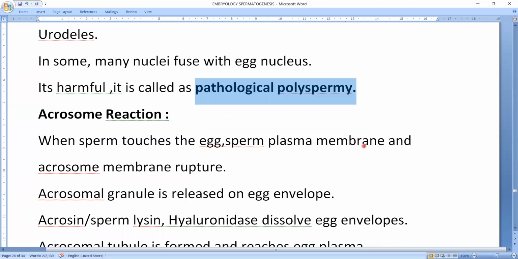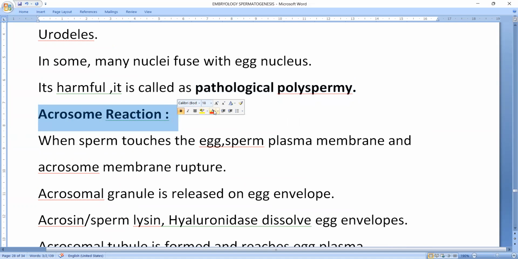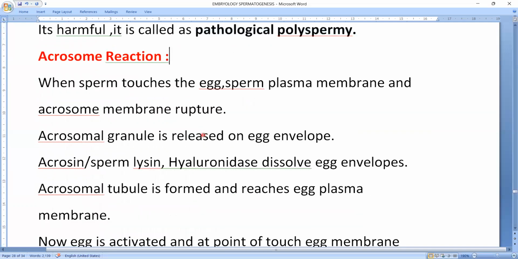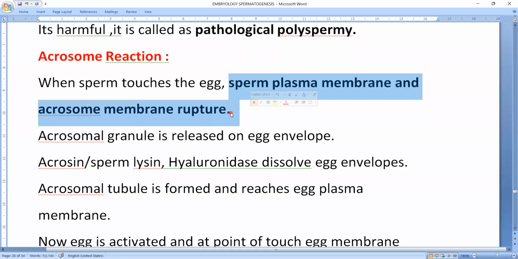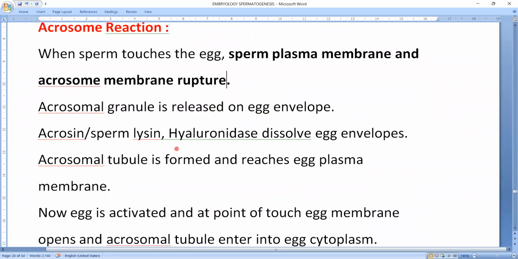And one of the most important factors that prevent polyspermy is the acrosome reaction. When sperm touches the egg, the sperm plasma membrane and acrosome membrane both are ruptured, at the anterior region.